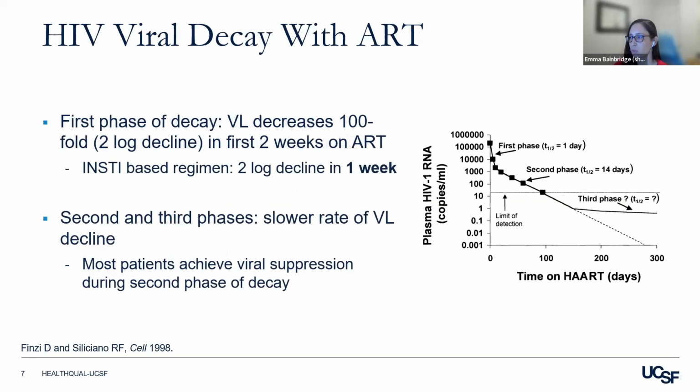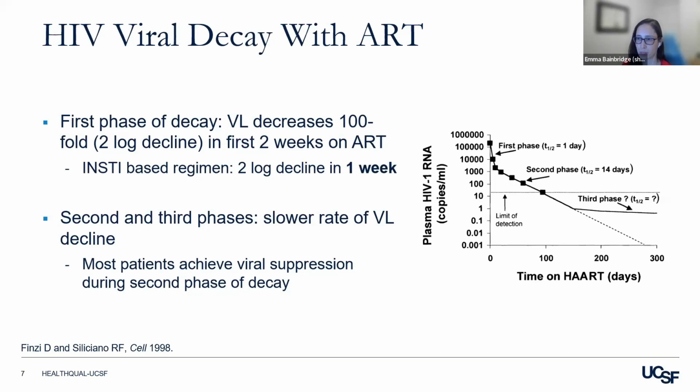So going into what this really means, using the graph over here on the right to help us understand, there are 3 phases of viral decay. And I want to just focus on the first phase because I think that's the most helpful for us in terms of clinical management. So in the first phase of viral decay, your viral load is expected to decrease 100-fold.